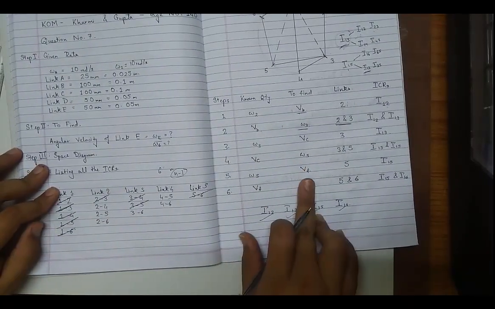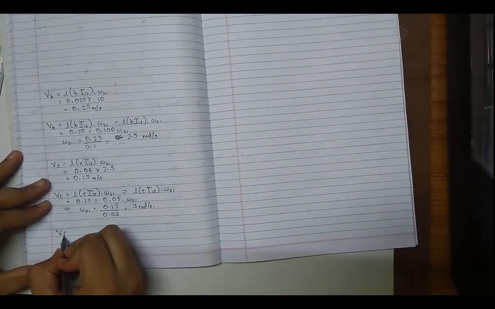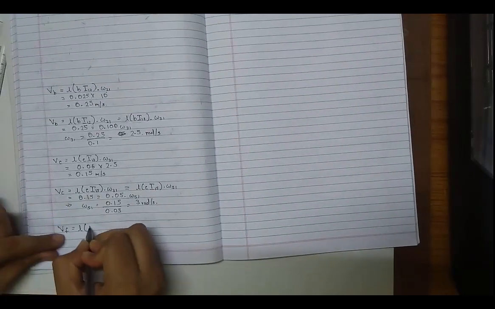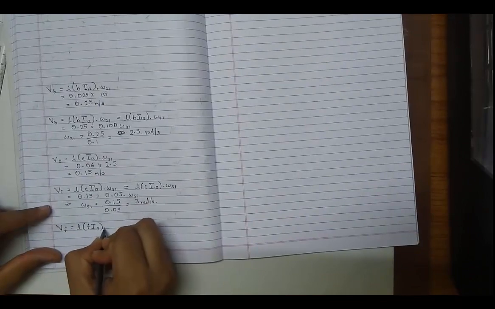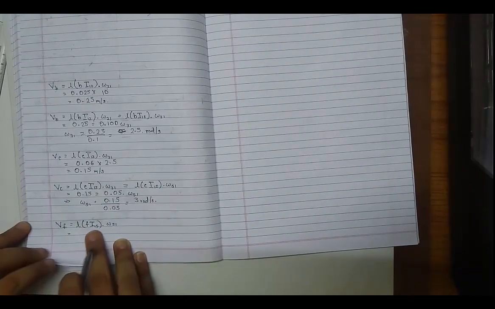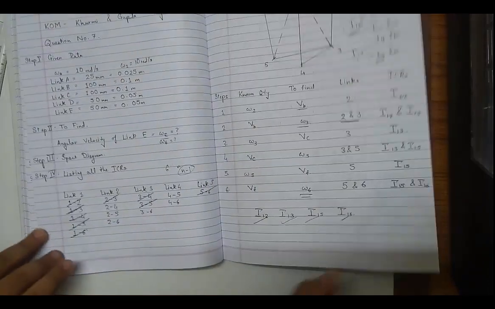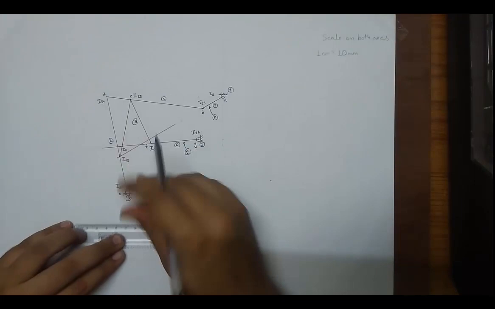Now from omega 5 I have to find velocity of F. Same formula: F into I15 into omega 51 is equal to, what is the length between F and I15? I will have to measure F and I15.